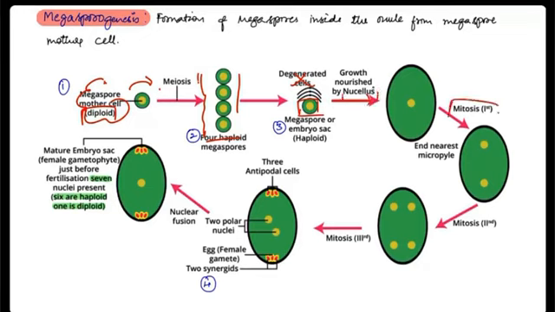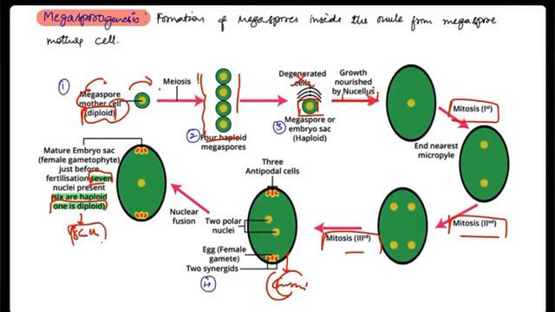After that, because of successive 3 mitoses, this will be converted into an embryo sac, which contains 7 nuclei and 8 cell structure. Or I think it is 8 nucleate, 7 cell structure. Sorry, it's 8 nucleate and 7 cell structure.